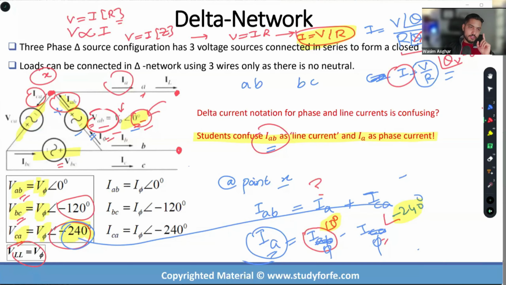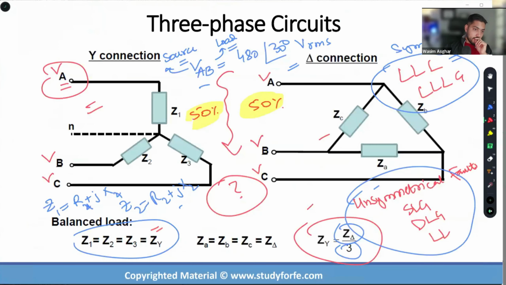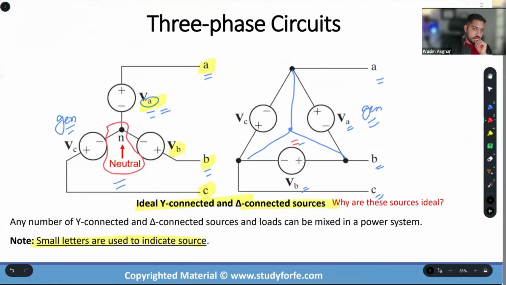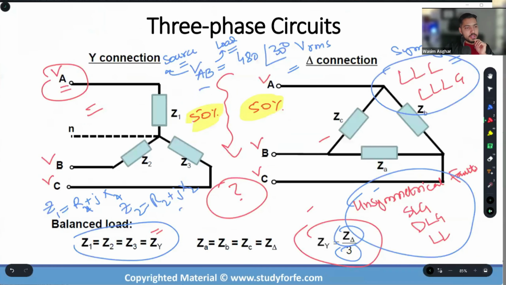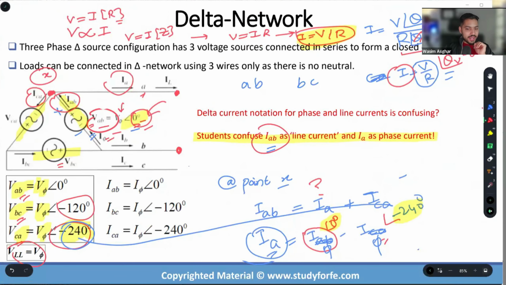If you are extrapolating your understanding of voltages and going back in time and VA is phase voltage over here, right? So IA must be the phase current. Wrong. Because IA is the line current. So the connection that now we are making is between the phase currents and the line current. And all we got to do is simple math.